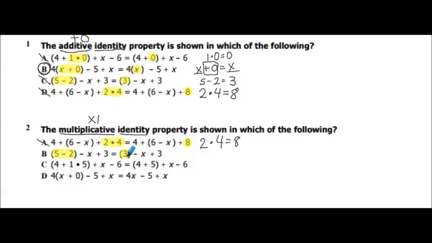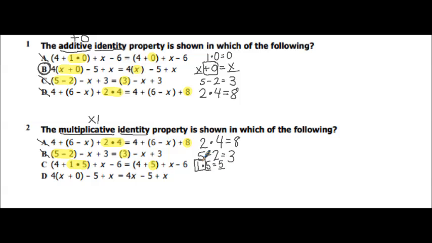In answer choice B, we have 5 minus 2 is 3. We're showing subtraction. So if it's not even the correct operation for multiplication, then B is not correct. In answer choice C, we see that 1 times 5 changes into 5. So we see that we're doing 1 times 5 equals 5.